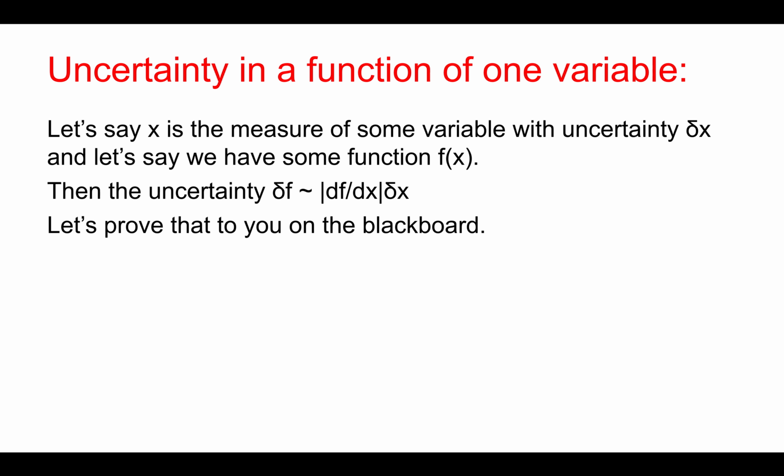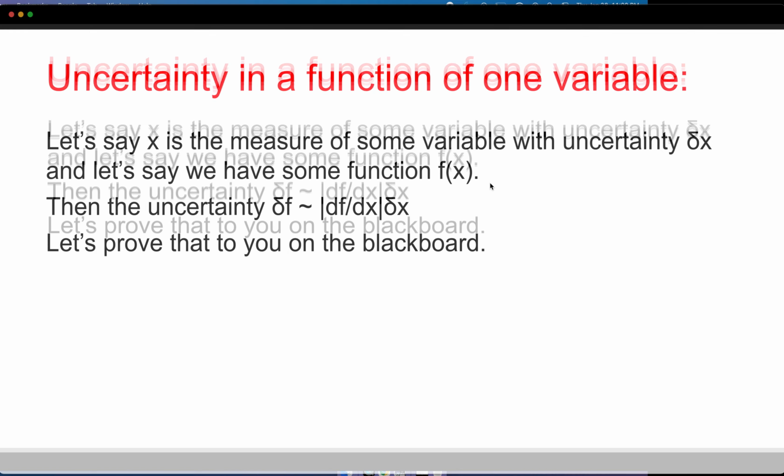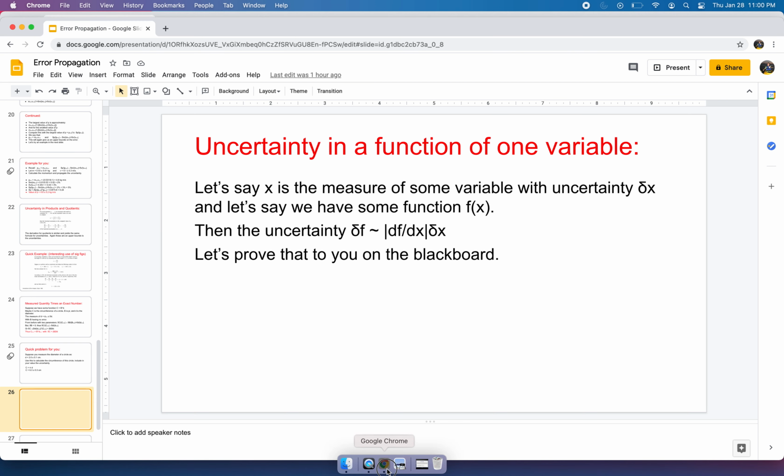Let's say we have a function of one variable and we want the uncertainty in this function. Basically, the uncertainty is approximately equal to the derivative of the function times the uncertainty in x. Let's quickly switch web pages.